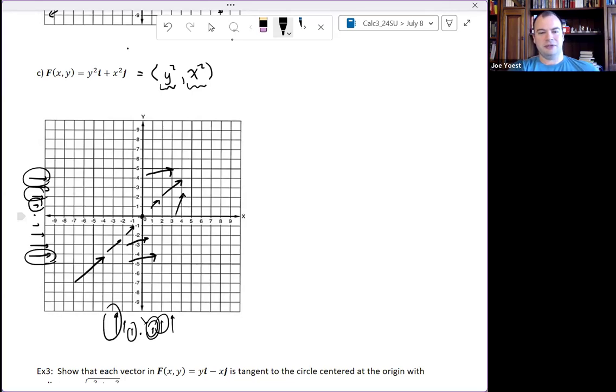Or quite a bit to the left and just a bit down, I'm moving mostly up. And if I draw my flow lines, I get something that goes right along this 45-degree line here. And then I get things like this. I get pushed away from the origin and then pulled back in.